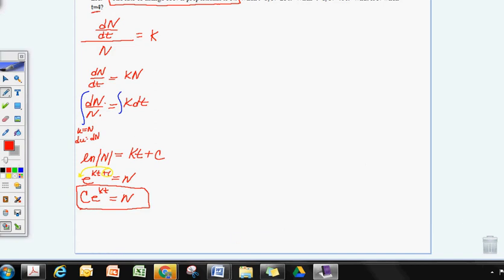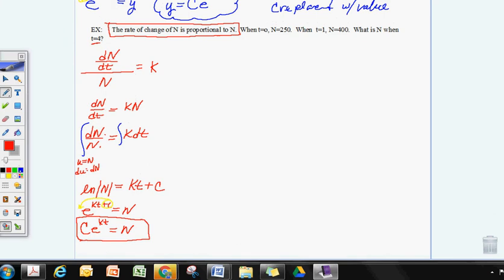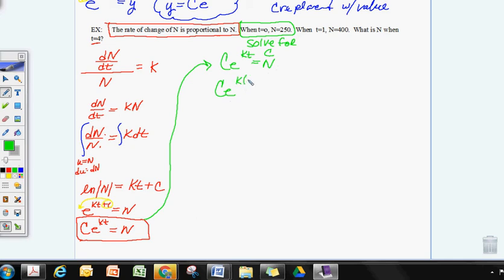So now that's stage 1, color 1. Color 2 comes in for the second piece, and this second piece is going to help me solve for C. Okay, so I'm going to take my equation, C e raised to the kt power equals N. And now I'm going to plug in C e to the k times 0 power would equal 250.